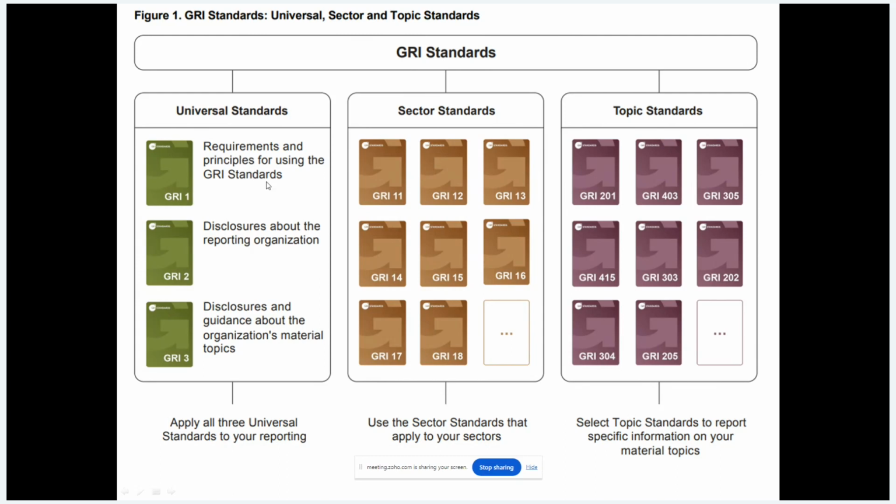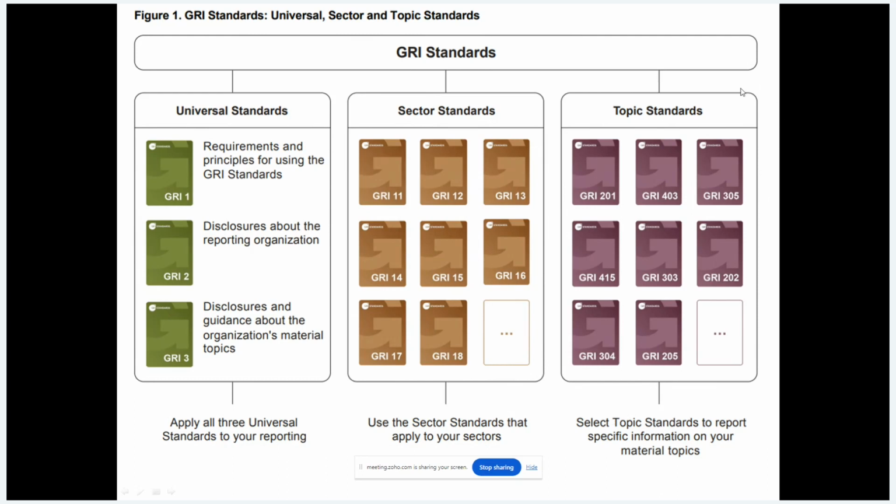That is one thing. And these are the guiding documents. As I explained, there are only 3 sector standards presently available, though they are working on about 8 more. Presently you have oil and gas, coal, and one agriculture standard available. If none of these sector standards is applicable to your sector, then you have to look at your individual activities and check the topic standards.